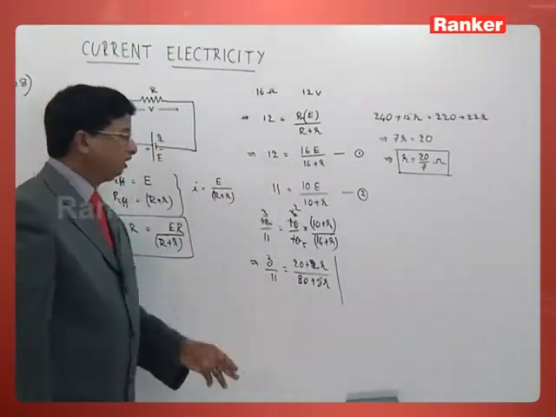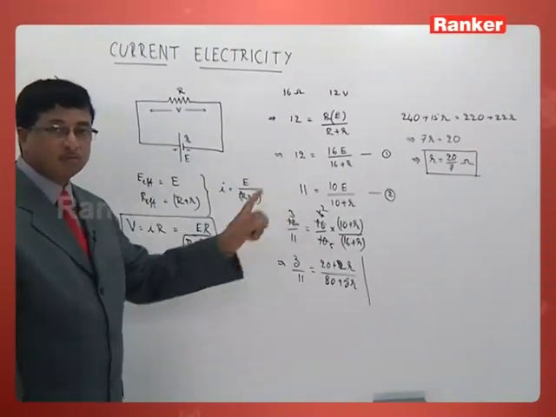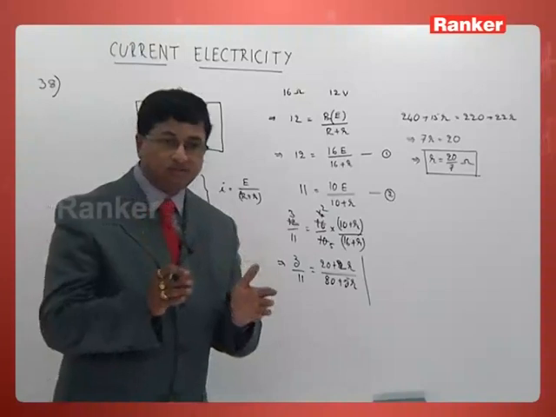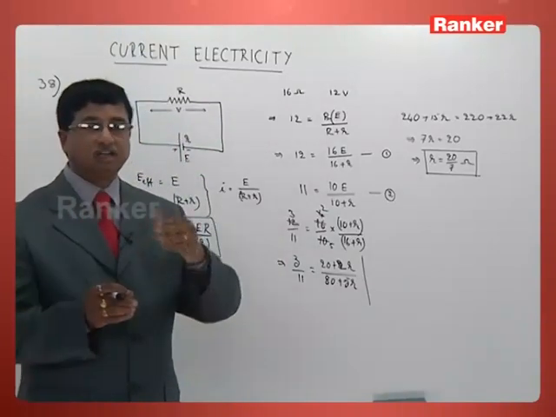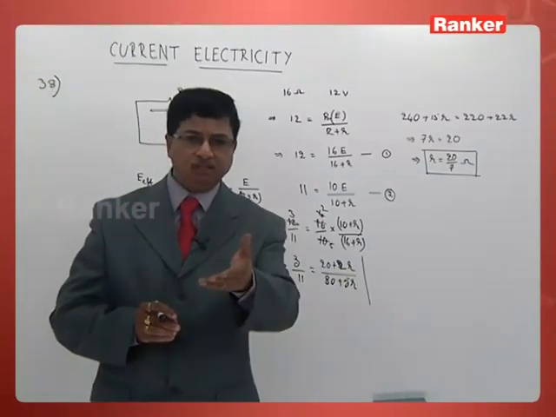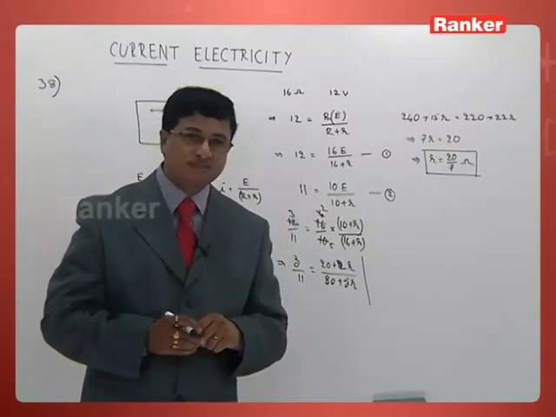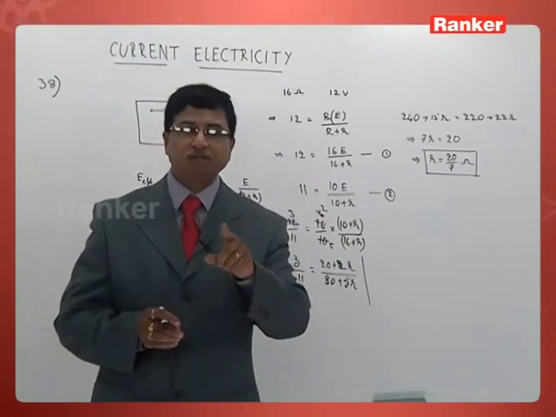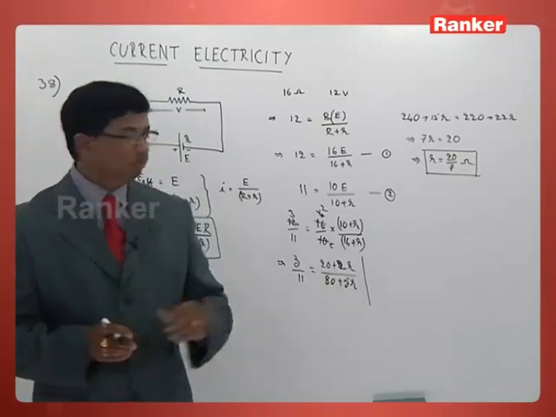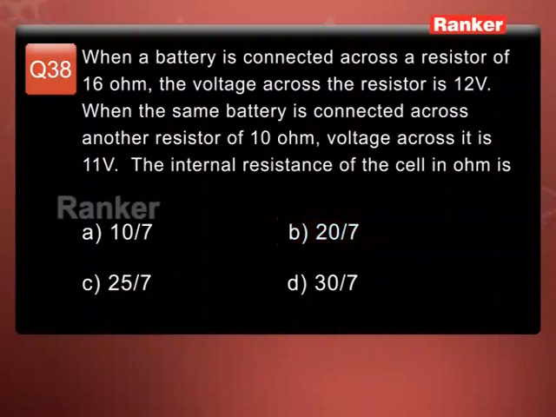So what must be the correct answer for this? 20 by 7 ohm must be the internal resistance of the cell that is used in both the cases. Which answer is tallying with that? Look at first option 10 by 7, not correct according to this. Second option given as 20 by 7 ohm. So what is the correct option? The answer for this particular problem is the second option, which is B, that is 20 by 7 ohm.